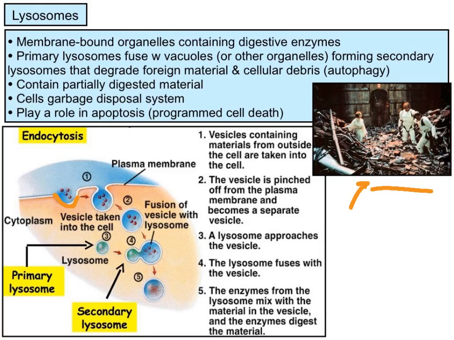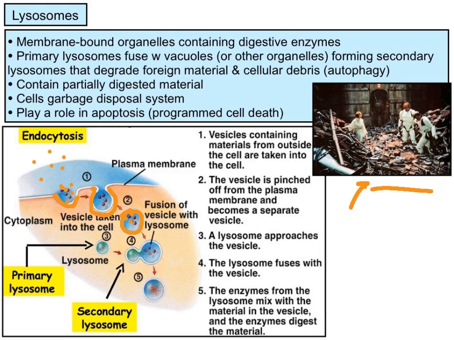So let's look at this. Here we have some sort of substance that is brought into the cell, and we form a vesicle. So here's our vesicle of something that was once outside the cell and is now inside the cell, right?